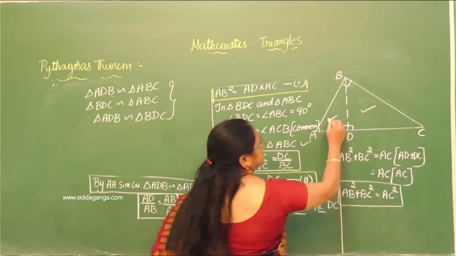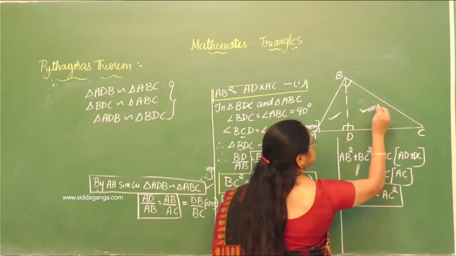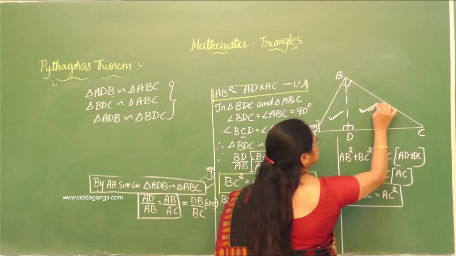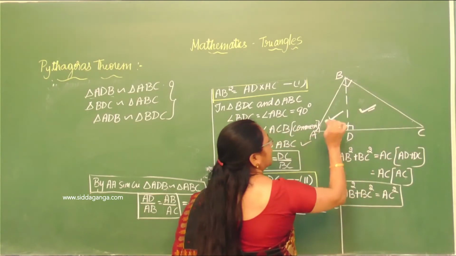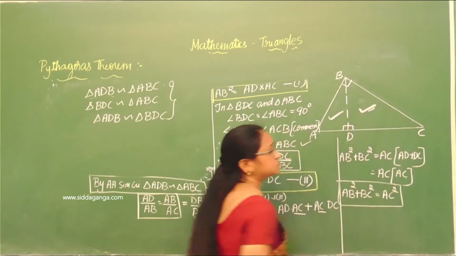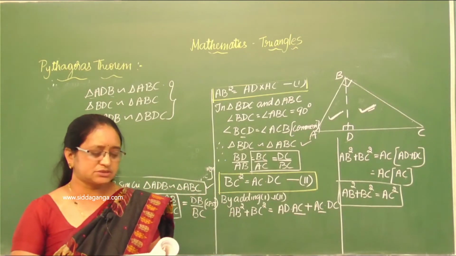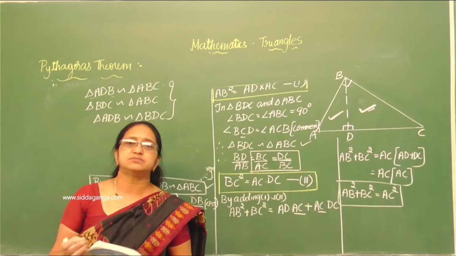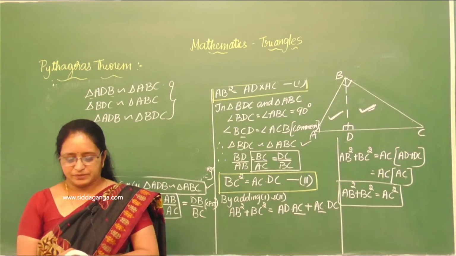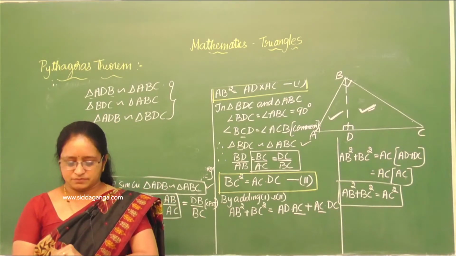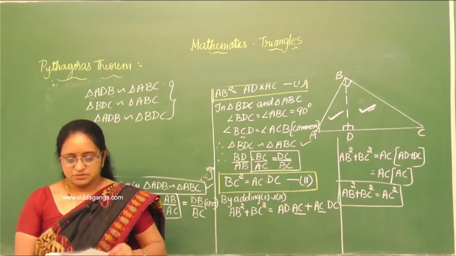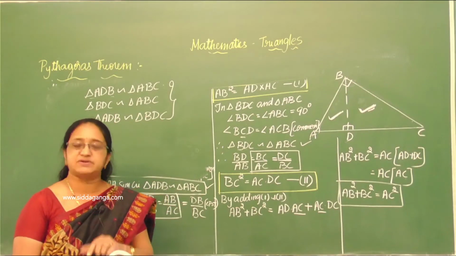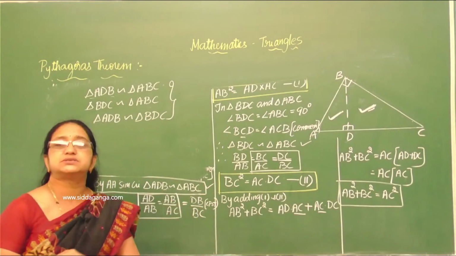This triangle is similar to the bigger one, and this triangle is similar to ABC, and these two triangles are also similar. In your textbook they have given it as theorem 6.7. Based on that theorem, you can prove this Pythagoras theorem also.